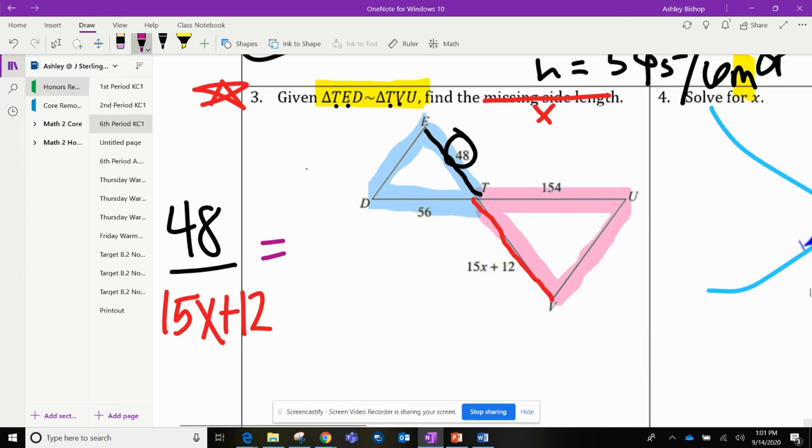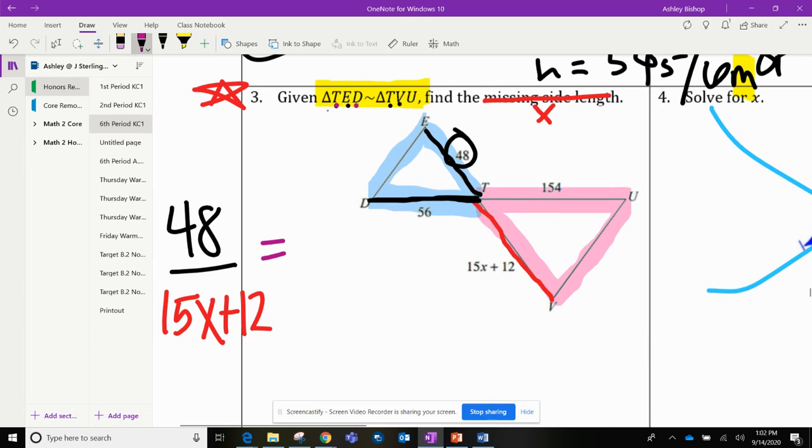I need to set it equal to the other set of proportionate sides. Well, then I'm going to go and look back on my blue triangle, because remember 48 came from my blue triangle. I'm going to look and see what other side length I'm given. Well, I'm given the side length TD or DT. And I'm going to go see where those 2 lie in my similarity statement. So T is my first letter and D is my last letter.